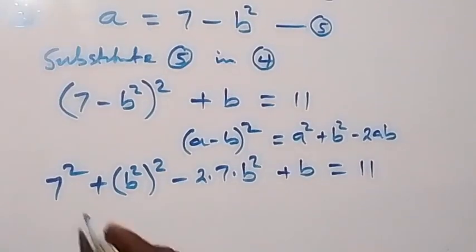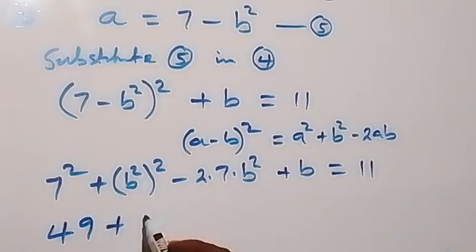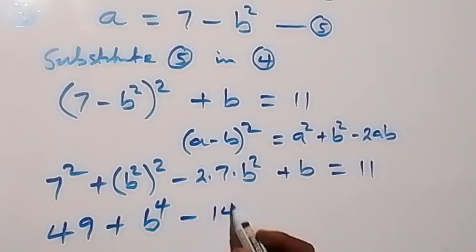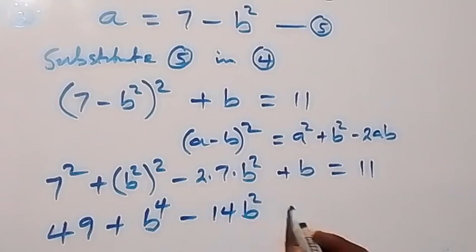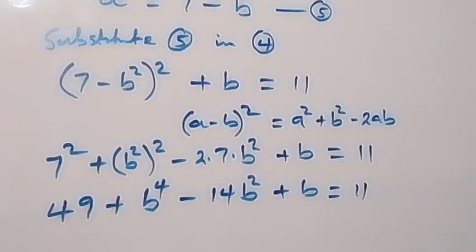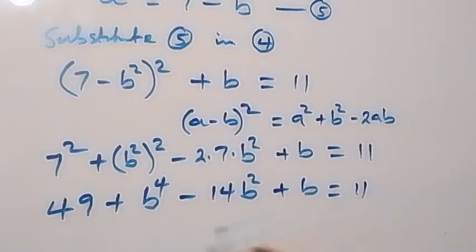Then from here, 7 square, 7 times 7, gives us 49. Then the power multiplication gives us b raised to power 4. Then we have minus 2 times 7, that's 14b square, then plus b equals 11. Let's rearrange and bring 11 to this side.